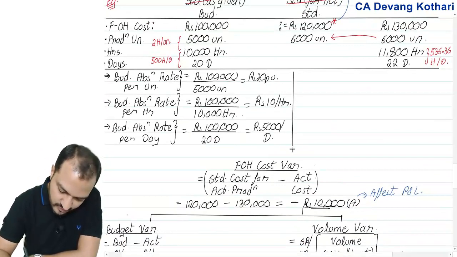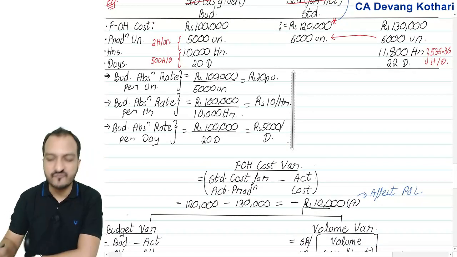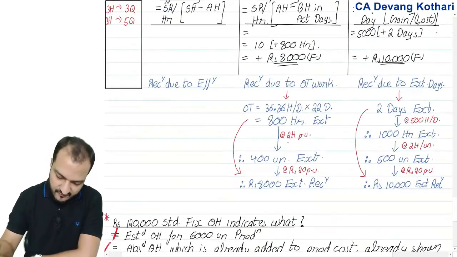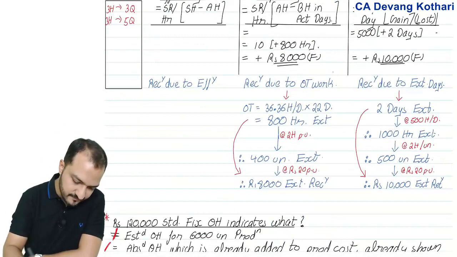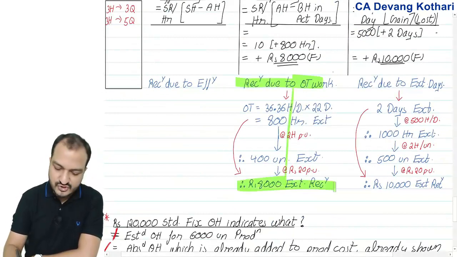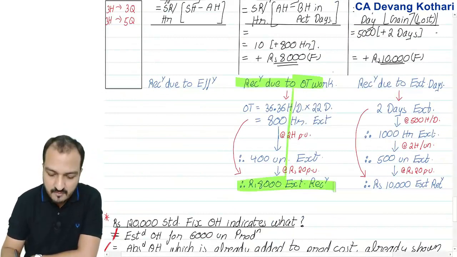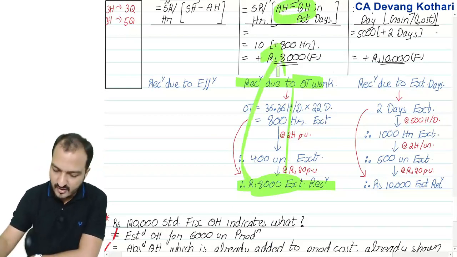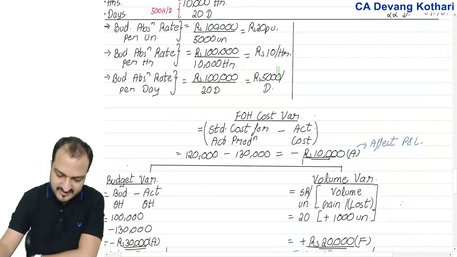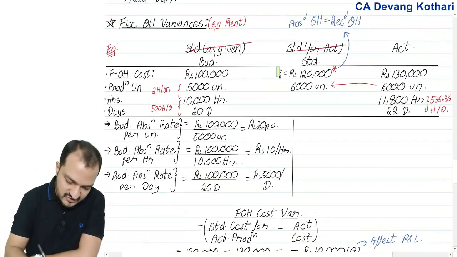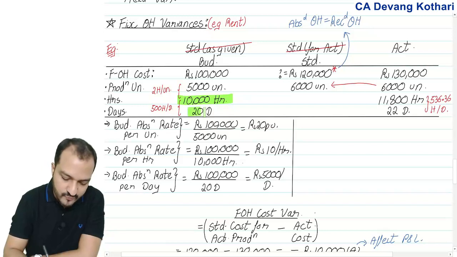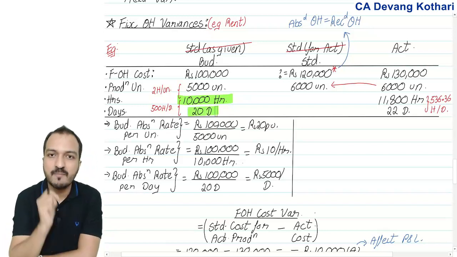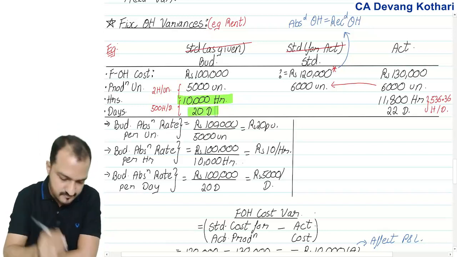See, I'm first showing you the calculation, then we are deriving the formula. You saw that here. I first showed you the calculation of efficiency of the capacity variance, but then for formula purpose, I'm going in reverse and explaining you the formula. My actual hours minus budgeted hours in actual days. 10,000 is my budgeted hours of 20 days. So what is the budgeted hours of 22 days?